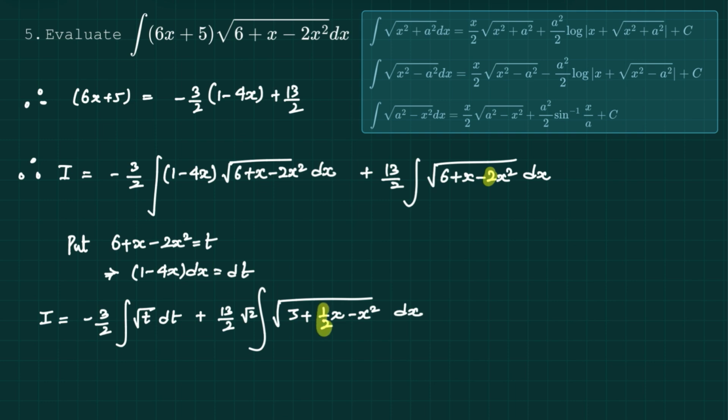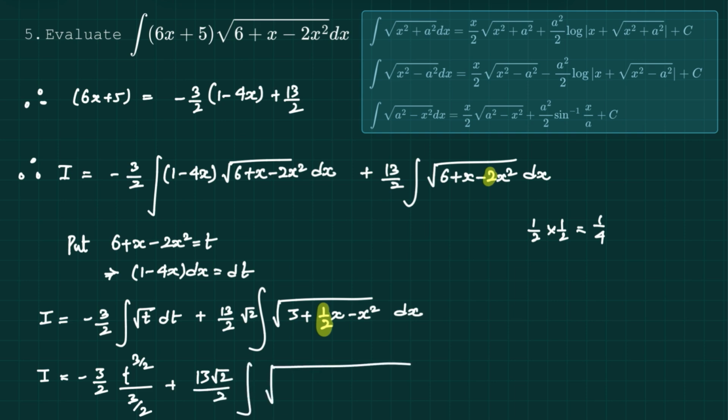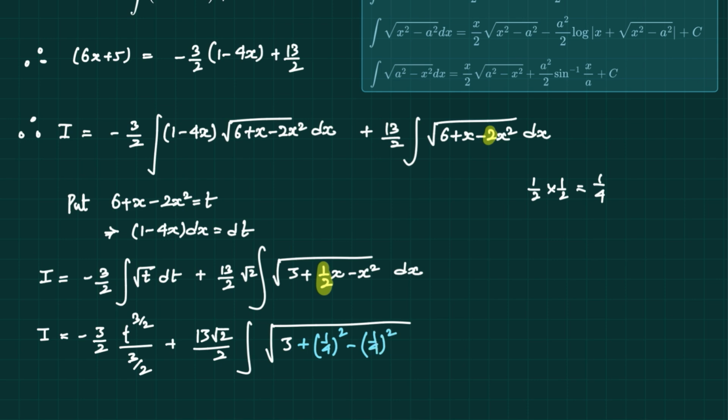Here the coefficient of x is 1 by 2, so if I multiply 1 by 2 with 1 by 2, this gives 1 by 4, so we will add and subtract the square of 1 by 4. So here I equals minus 3 by 2 integration of root t, which is t to the power 3 by 2 divided by 3 by 2, plus 13 root 2 by 2 integration of square root of (3 adding the square of 1 by 4 and subtracting the square of 1 by 4 plus 1 by 2 x minus x square) dx.